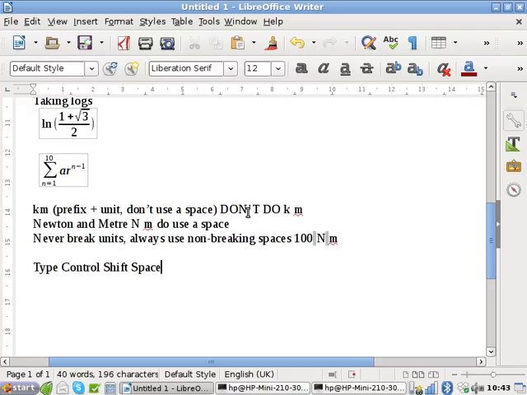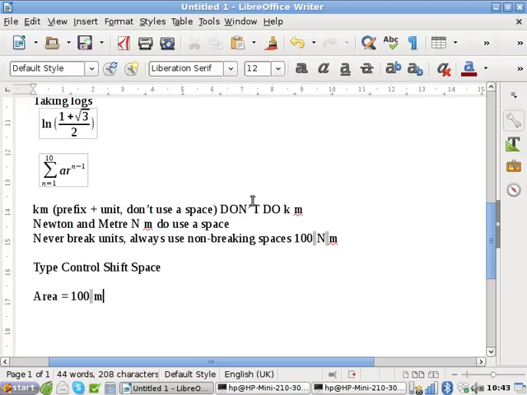The next thing is if the unit has a power in it. So for example, if we have something like meter squared for area. Let's say we have area equals 100 meters squared. Well, remember, I need a non-breaking space, so Control, Shift, space. And then I have a meter. And then to make the squared, you don't use maths mode.